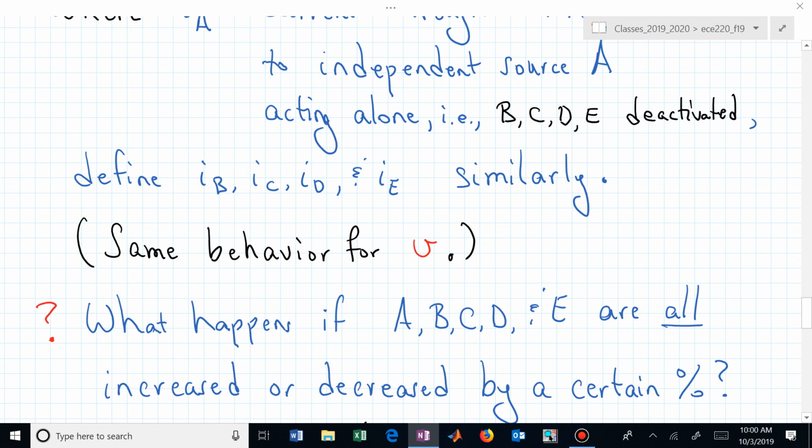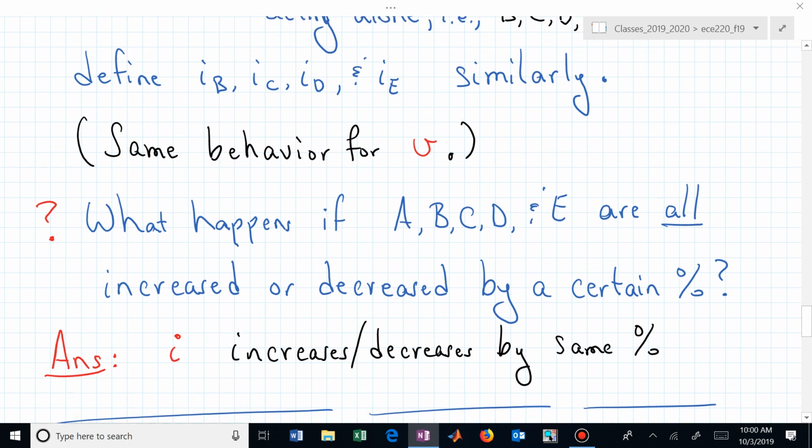If I was negative and we increased all of these by 10%, then I would get changed by 10% in a positive direction. And so if it was negative, it would be more negative by a 10% factor. So I increases or decreases, depending on what we did, by the same percentage.